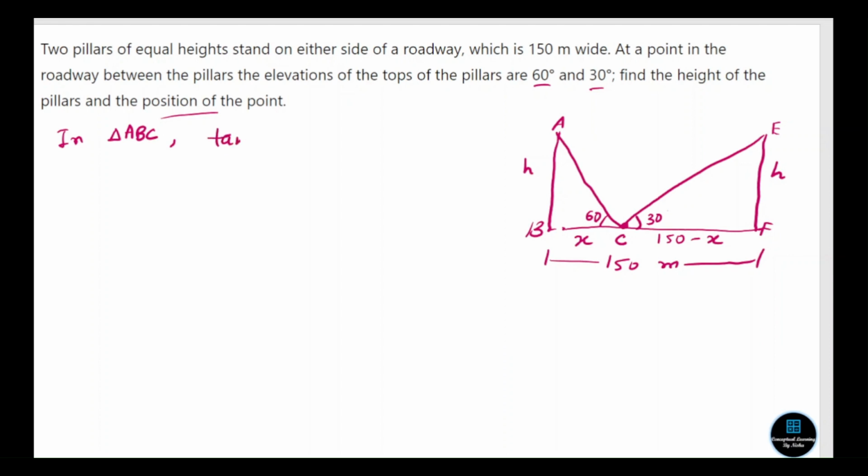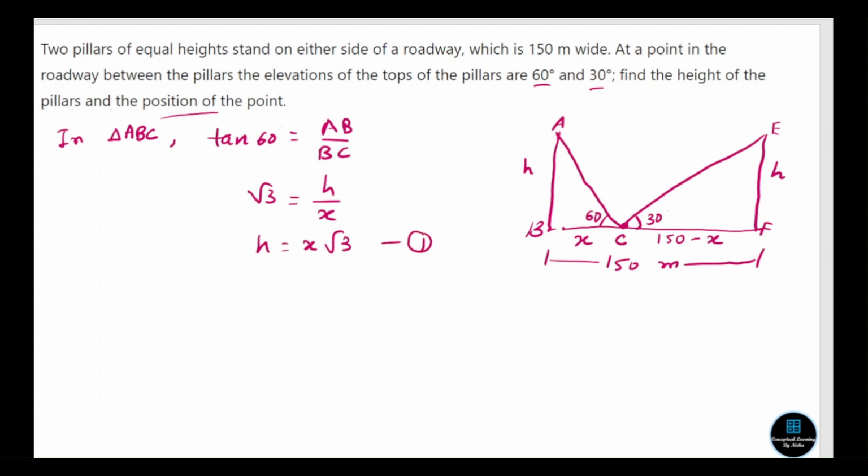Tan 60 degree equals AB over BC. Tan 60 degrees is square root of 3, which is H over X, and I can write H equals X times root 3. So I got the first relation between X and H.